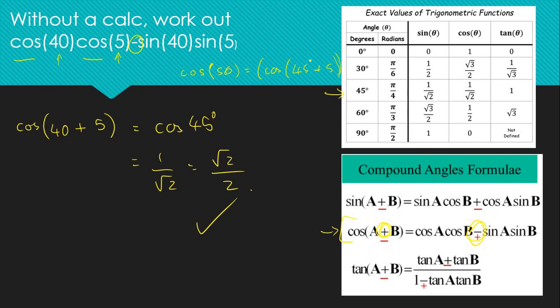And what will happen is you'll get the exact values used within the question. So you'd have, say for instance, a minus in the middle, but you'd have cos of 45, which is going to be 1 over root 2. So you'd have cos of 5 over root 2 with a minus.